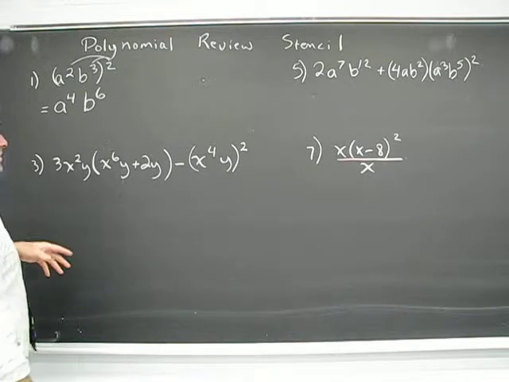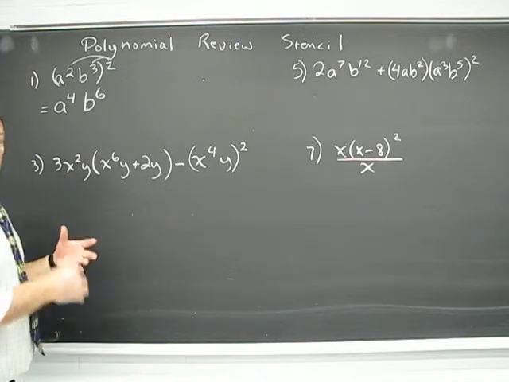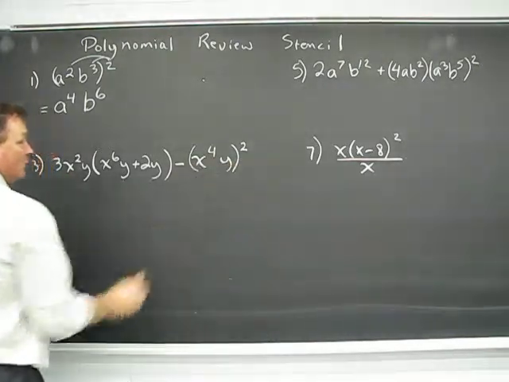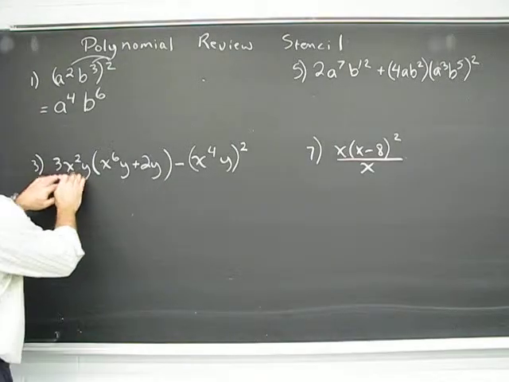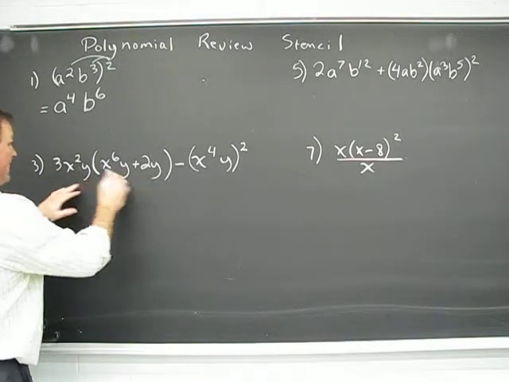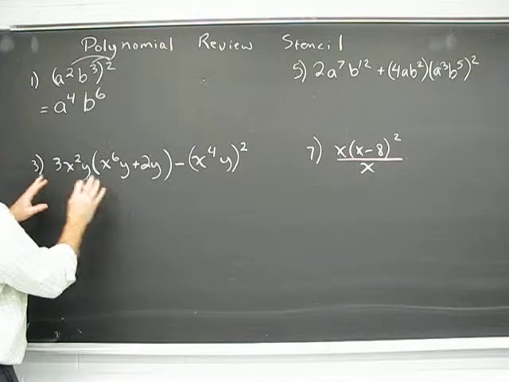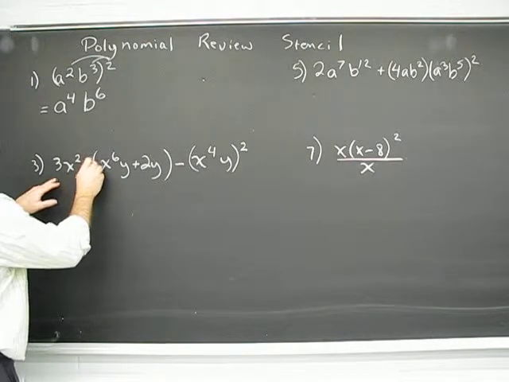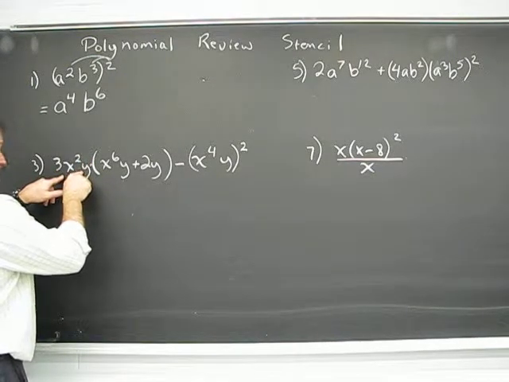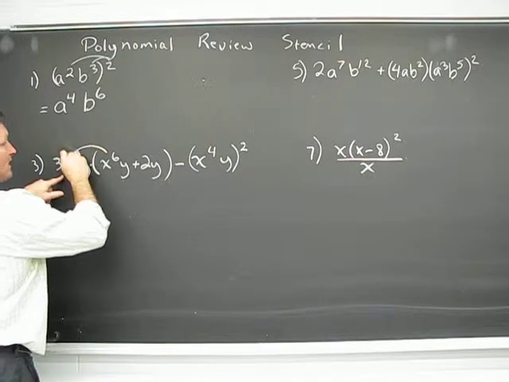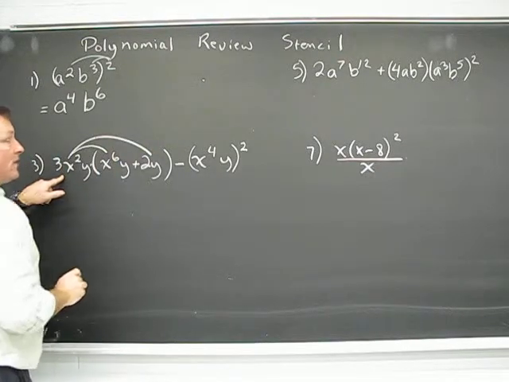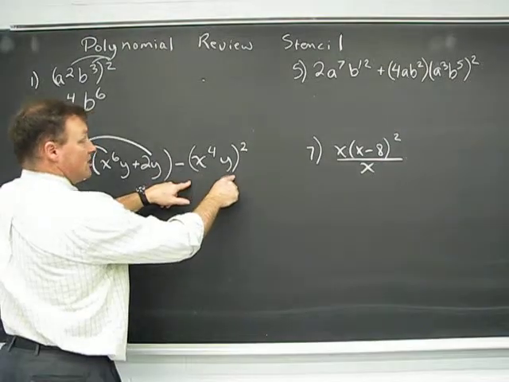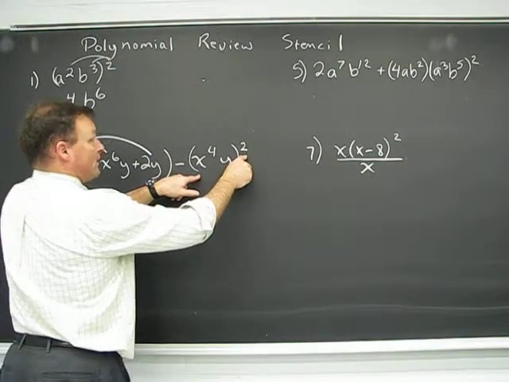Now the next question has a little bit more involved, but it's got a little bit of the same kind of stuff going on. First of all, I have a monomial times a binomial. And you use the distributive property, but this time it's the distributive property of multiplication. So that's going to be multiplying by each of the terms in the bracket. Whereas over here, this is the sort of distributive property for exponents.